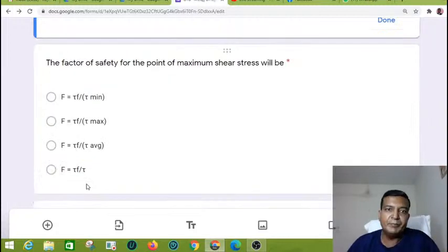The factor of safety for the point of maximum shear stress will be the next objective.